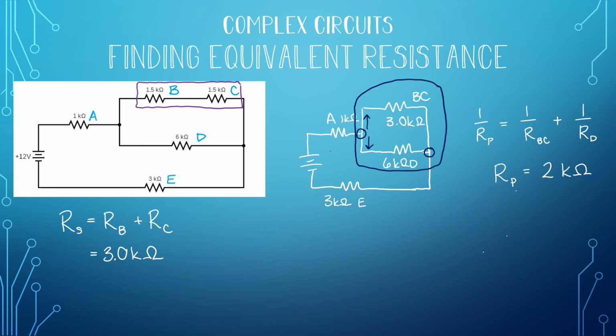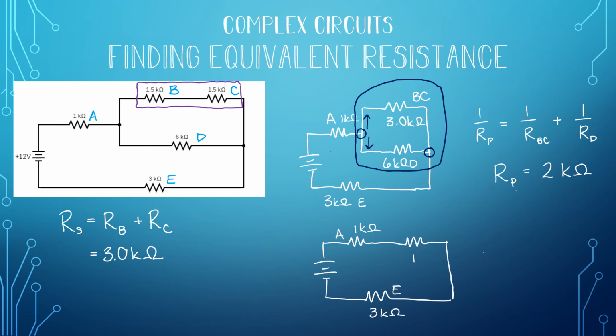Now I'm going to draw a new circuit diagram with a new resistor in that location. So this is still resistor E over here, a 3 kiloohm resistor. This is resistor A, a 1 kiloohm resistor. And this is now resistor BCD, since I combined all three of those. And it is a 2 kiloohm resistor.